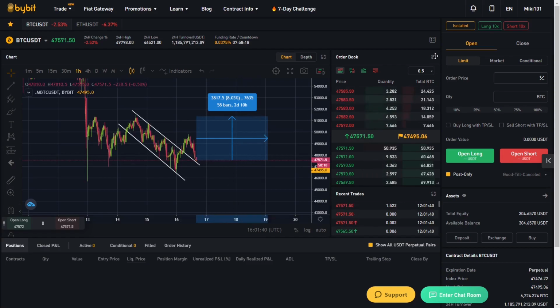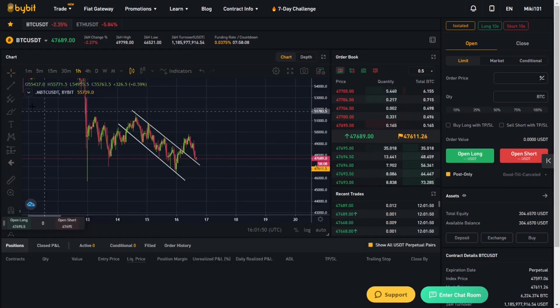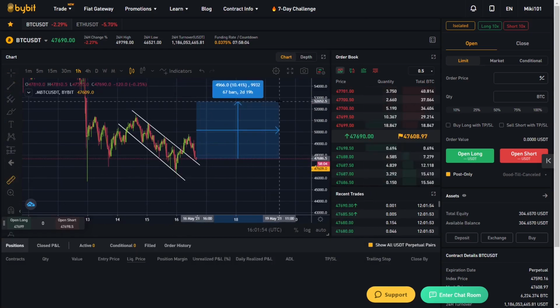Technically, leverage on ByBit means you just make more gains. So with 25 leverage, let's say it was a 10% move, all the way up here. Instead of just making 10%, you would make 10 times 25, which is 250% in this trade. That's really good.